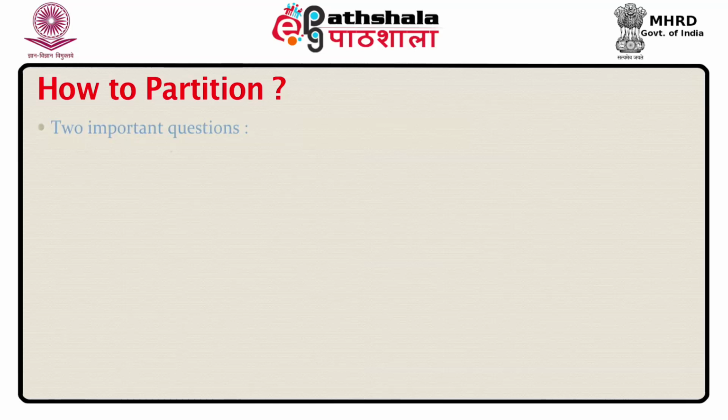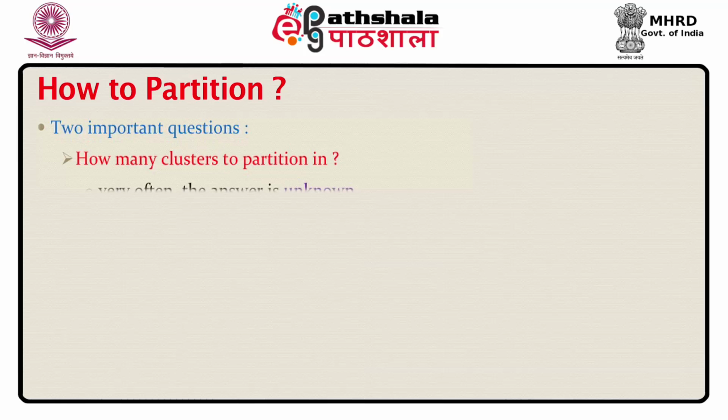The 2 important questions that come readily would be, firstly, how many clusters to partition into. Mind you, if you go back to the last example I gave you, we had decided that there are 4 tables. But then we may not decide on the number of tables beforehand. We may decide on the number of tables based on the number of individuals who are similar and whom we want to have on the same table.